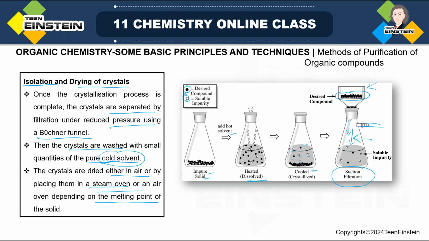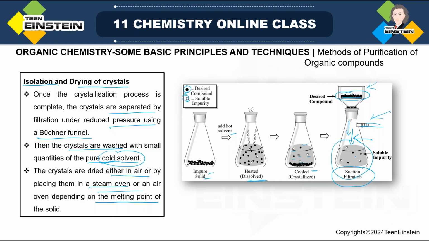The Buchner funnel looks like this, and here you can place your filter paper. It is specially designed because you are applying some pressure and some vacuum is generated, so obviously this funnel has a different design compared to a normal funnel.